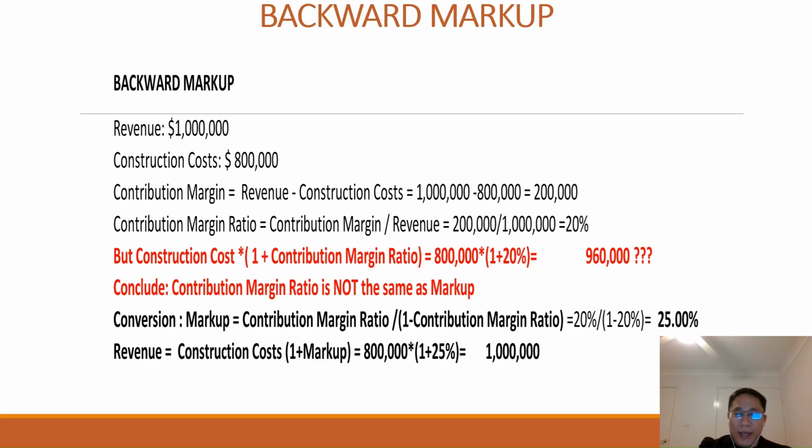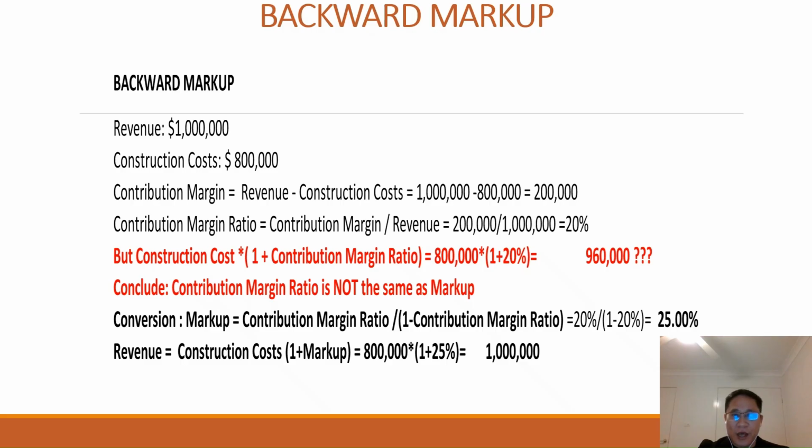If we apply it, we will have a gap between the real revenue and the other revenue. So we have to do the conversion.